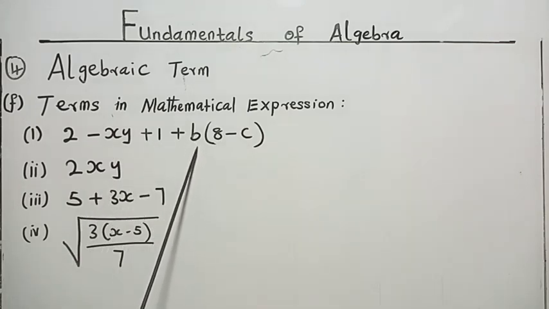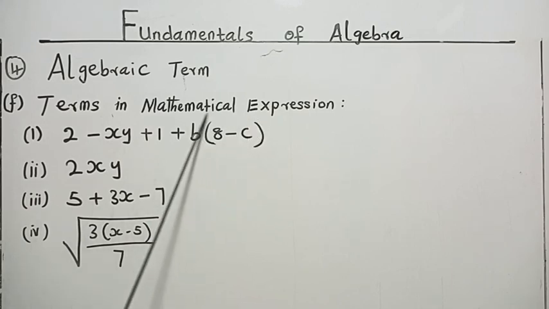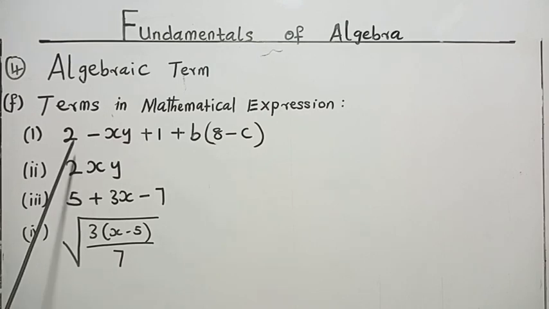But what about this b bracket 8 minus c? 8 minus c is a difference, and 2 minus xy is also a difference. Yet, all of these make up one term, but these two do not make up one term. Why? It is because these two do not come under one common operation.